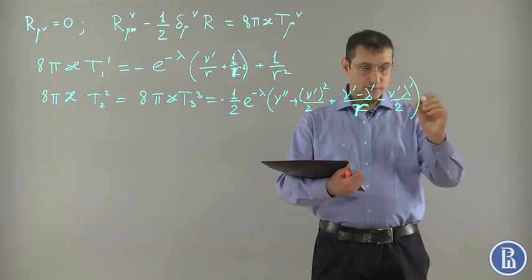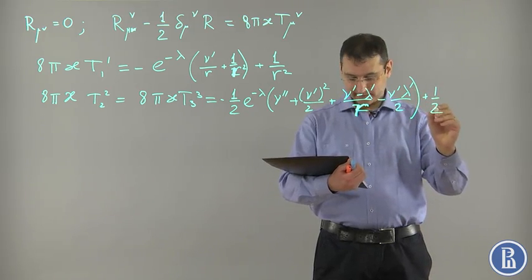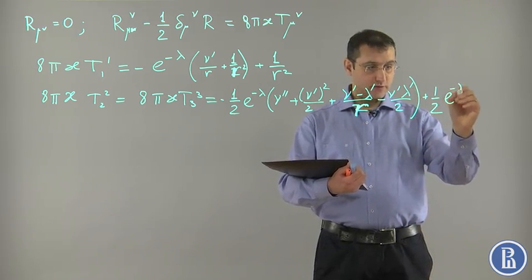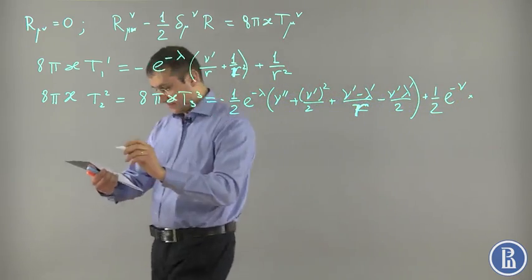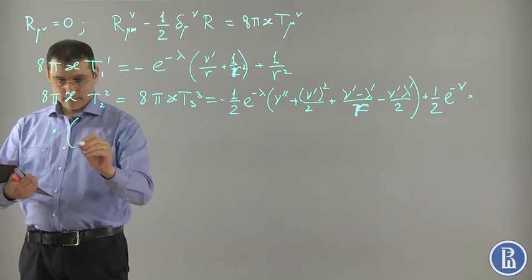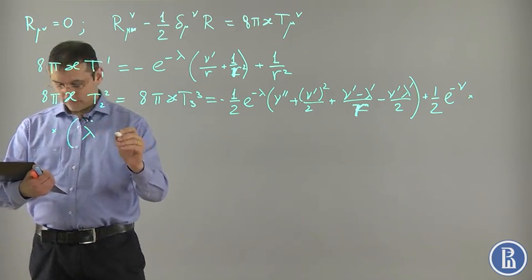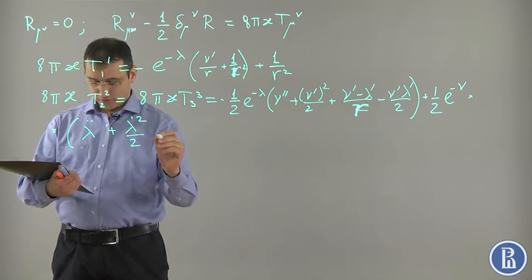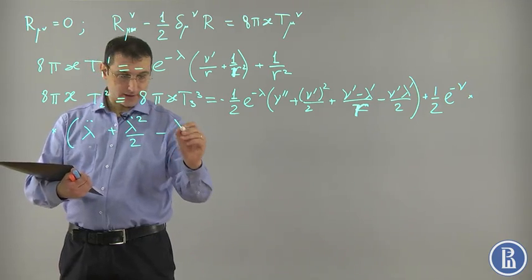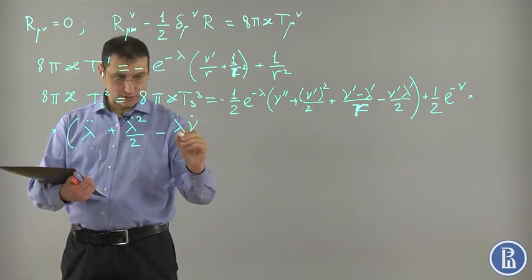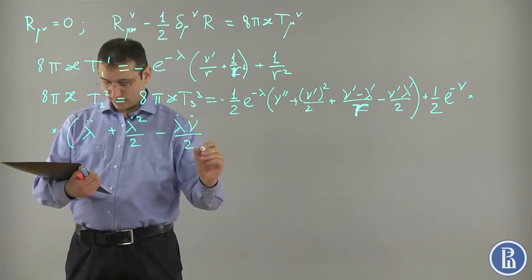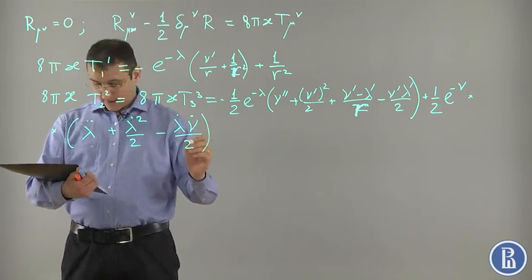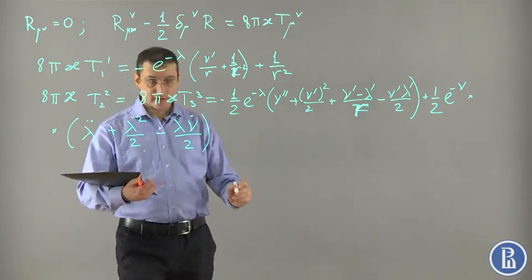Over 2, plus 1/2 e to the power of nu multiplied by lambda double dot plus lambda dot squared over 2 minus lambda dot times nu dot over 2. And a few more equations.